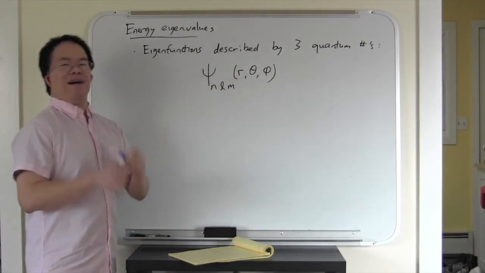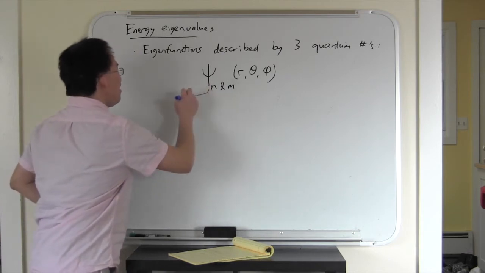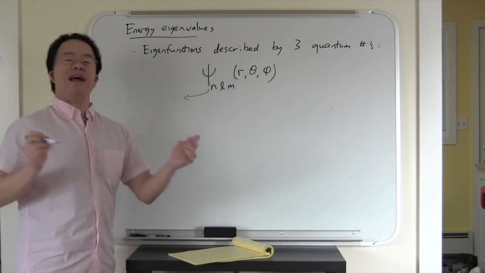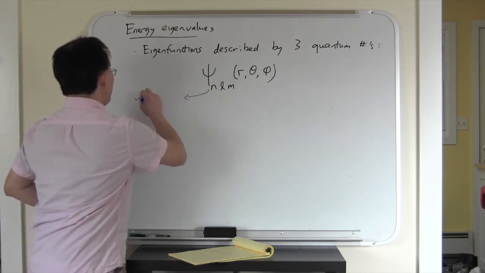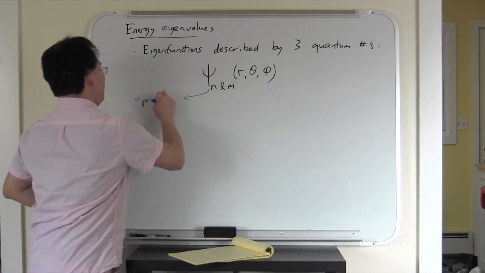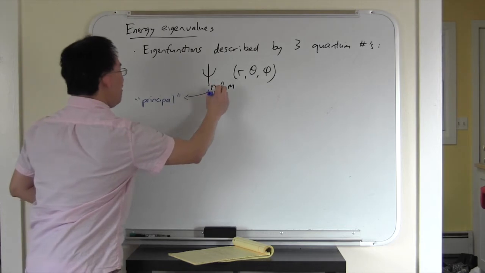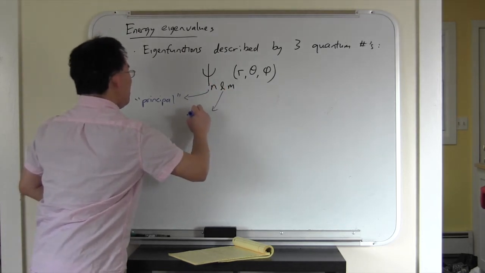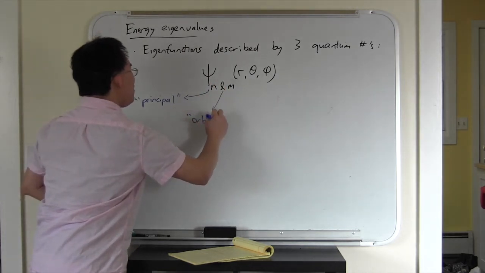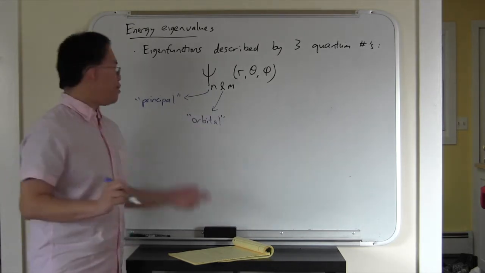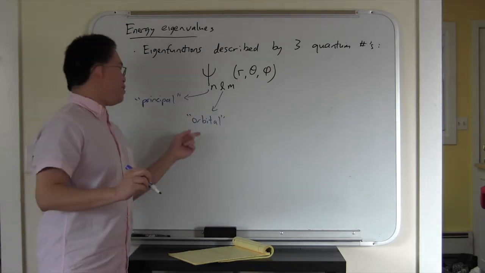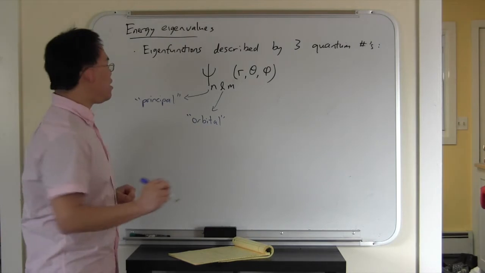Now there's some common terminology here. The quantum number n is typically called the principal quantum number. L is what we call the orbital quantum number, and we'll see why that name is suggestive in a few minutes.